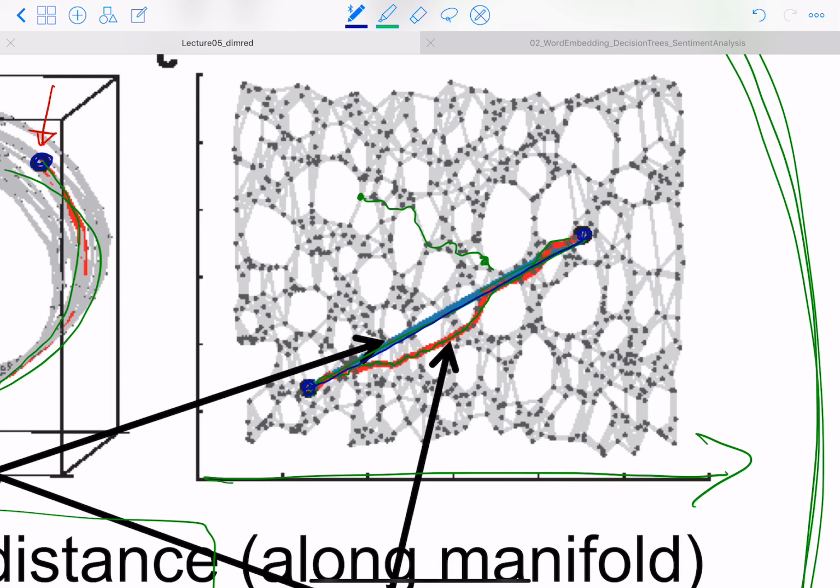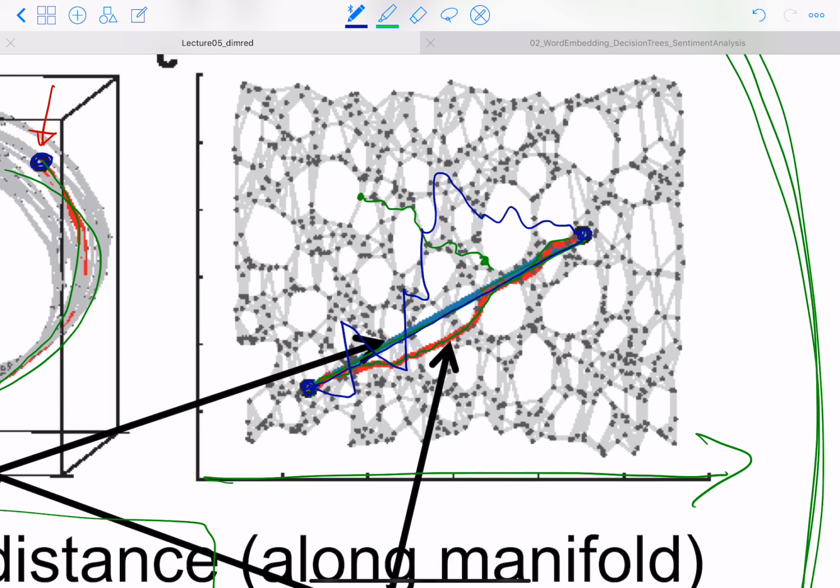But if the edges are much sparser, the shortest path will be larger because we have fewer edges, right?